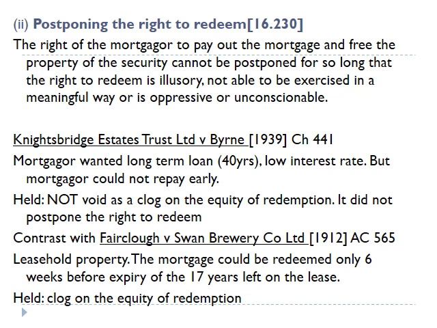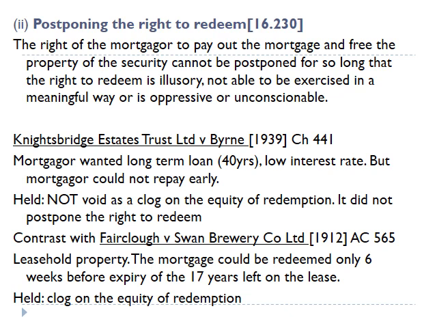Now, the court looked at a number of circumstances and said that the test was not really whether the right was postponed for an unreasonable length of time, but to be properly described as a clog on the equity of redemption, it must be seen that the postponement is really oppressive and unconscionable to the mortgagor, which I suppose is a higher test than just merely being unreasonable.